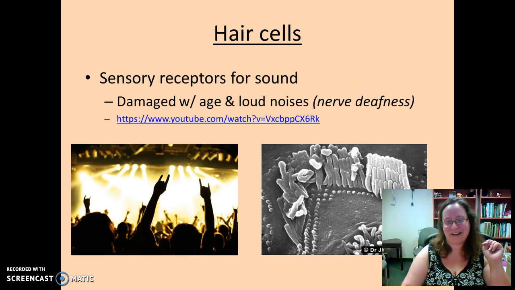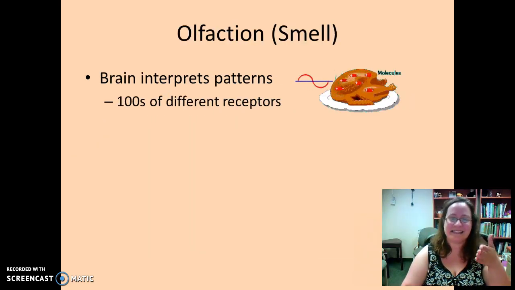The next senses we talk about very briefly, since we spend most of the time in vision and hearing. With smell, an important thing to realize is that your brain interprets the patterns of smell. It has lots of different receptors, but it doesn't have individual receptors for every single thing you might eat or smell.